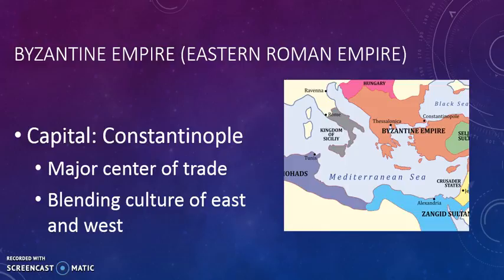And if you look at the map on this slide, you can see Constantinople just above where it says Byzantine Empire, you can see that Constantinople is where Europe meets Asia. And that's going to be really important because in Asia, you've got lots of other stuff going on. You've got China, you've got Japan, you've got India, you've got all these other cultures that are in the East. And Constantinople is where those two halves meet.